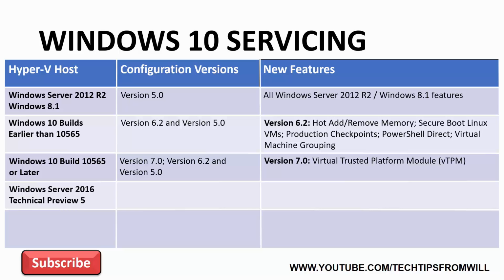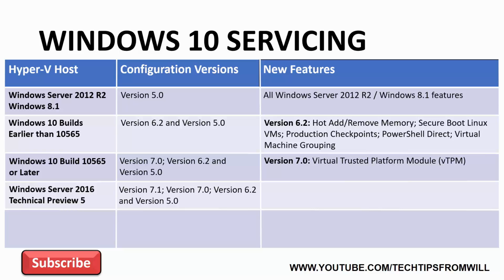The next virtual machine configuration version came not with a newer Windows 10 build, but with Windows Server 2016 Technical Preview 5. Windows Server 2016 Technical Preview 5 is a beta release of Windows Server 2016. With it, virtual machine configuration version 7.1 was released.